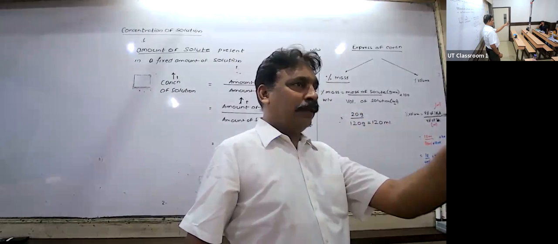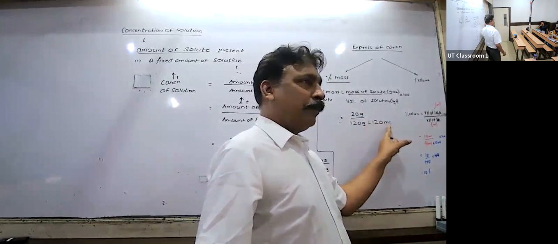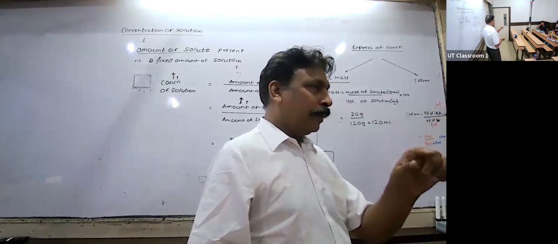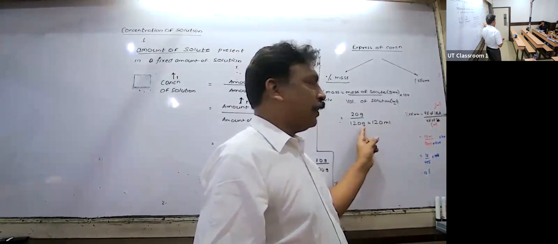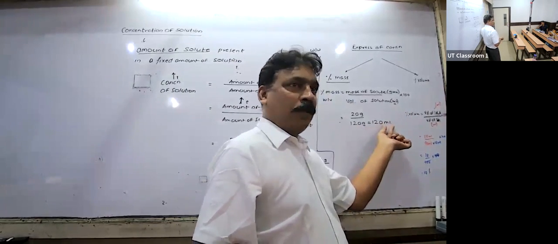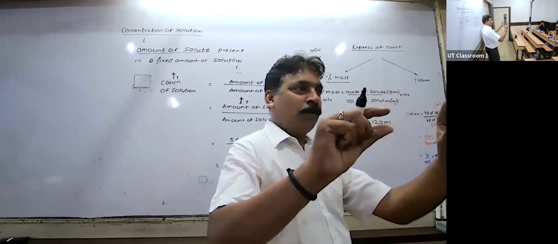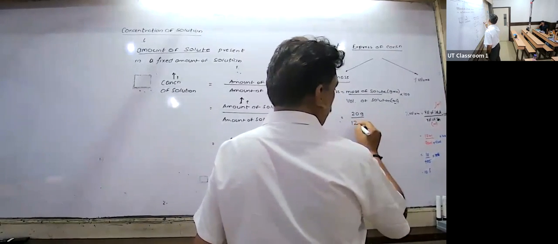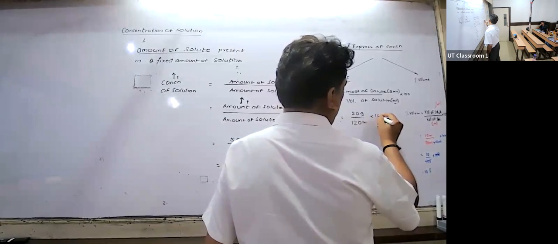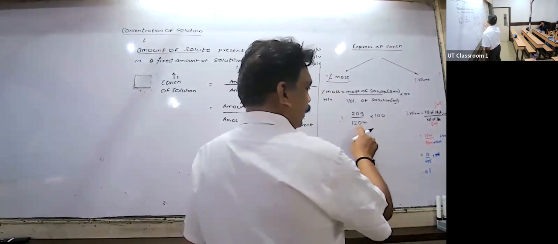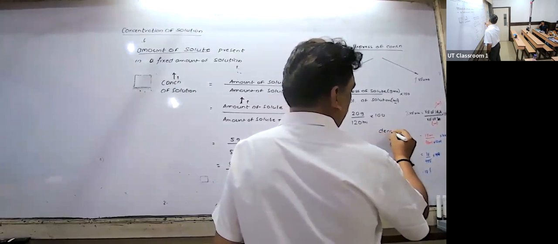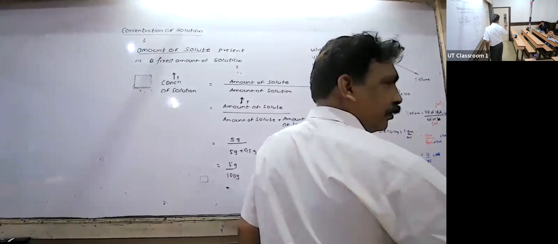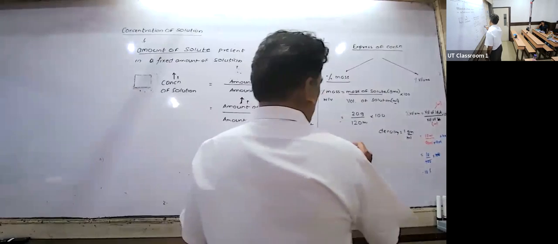That means the density of that solution is 1 gram per ml. So we have to assume that the density of the solution is 1 gram per ml, meaning mass is equal to volume: 1 gram is 1 ml, 2 grams is 2 ml. Remember this. So here you only have to change this to 120 ml into 100. Same thing. Remember, the density of the solution is 1 gram per ml, that is 1 gram equals 1 ml.